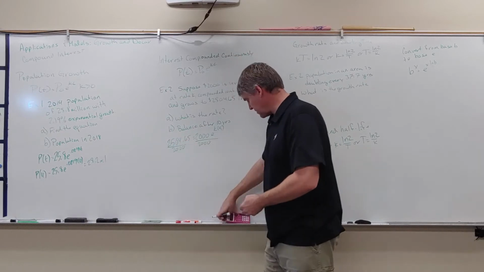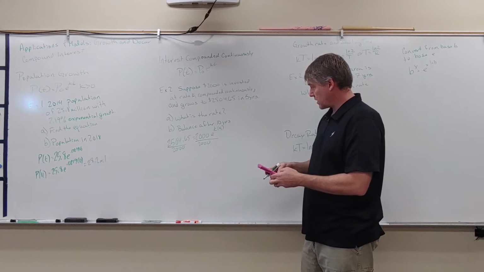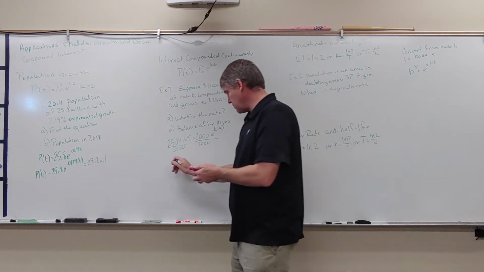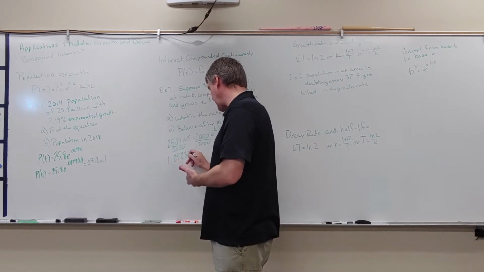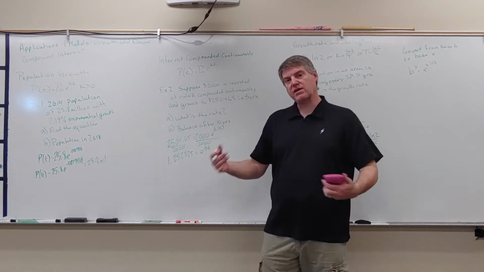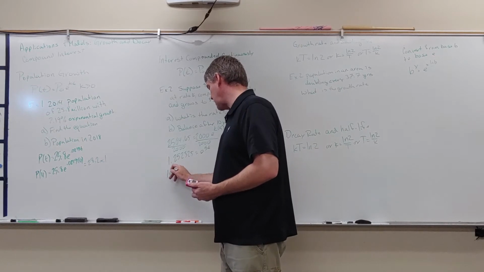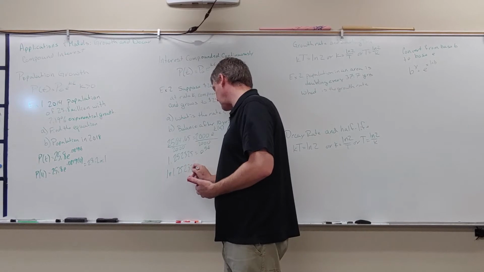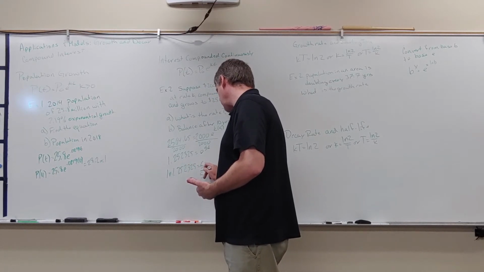Okay, this just gives me a decimal, so 2504.65 divided by 2,000. This is going to be 1.252325 equals e to the 5k. Well, the way I get rid of e is I take the natural log. So I'm going to have the natural log of both sides. The natural log of 1.252325 equals 5k. And then I divide by 5.